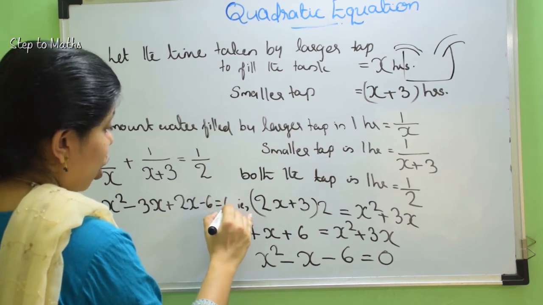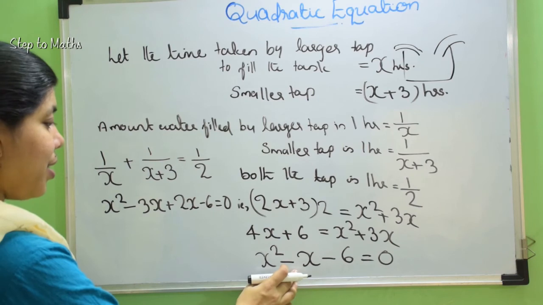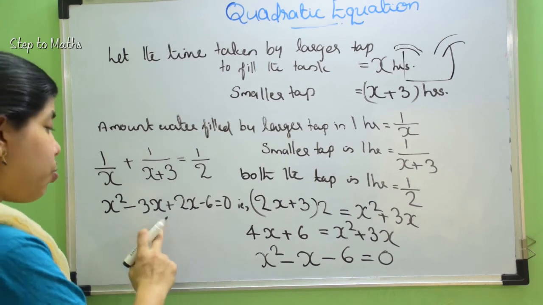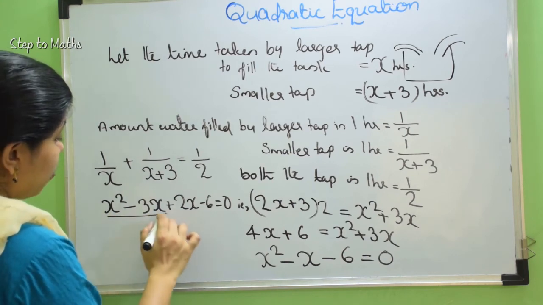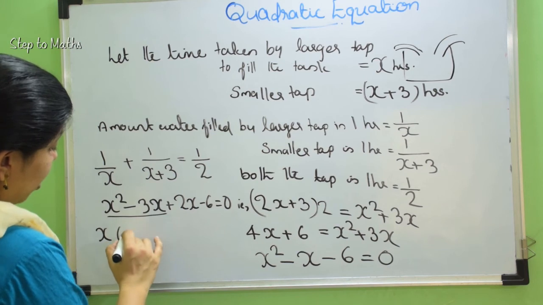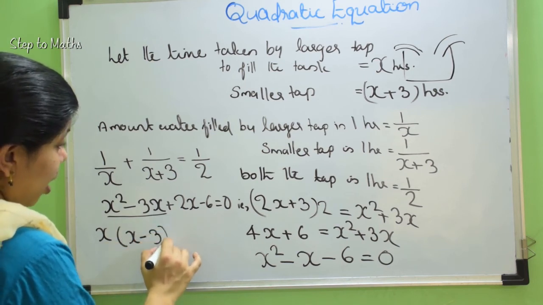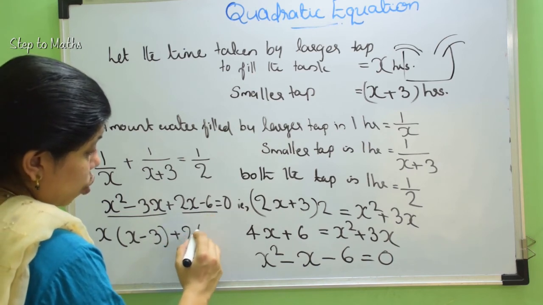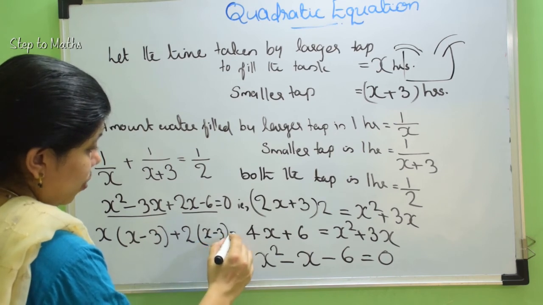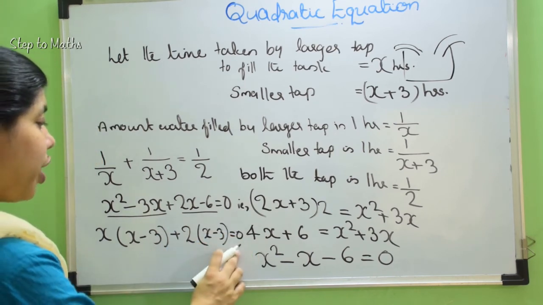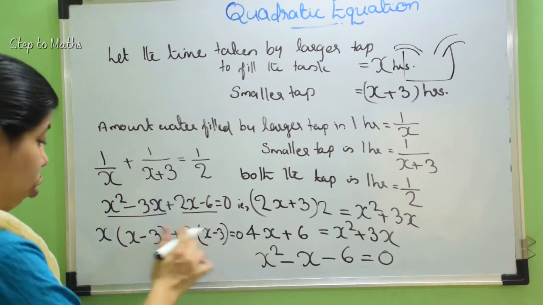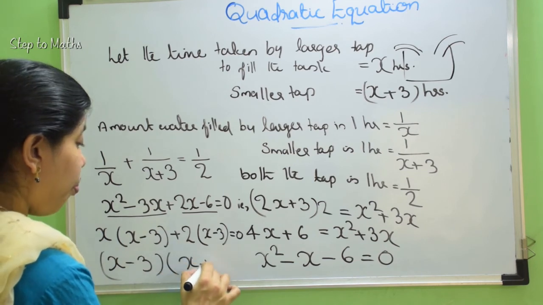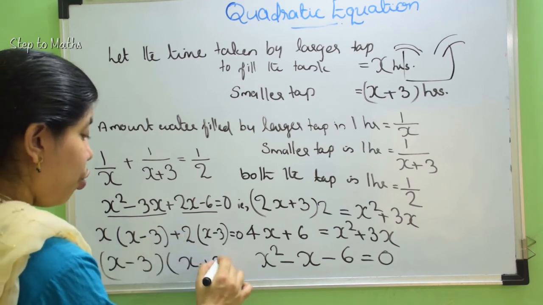Now take the first two terms: x is common, so x into x minus 3, plus from the next two terms 2 is common, plus 2 into x minus 3, equal to 0. Here x minus 3 is common, so we can write it as x minus 3 into x plus 2 equal to 0.